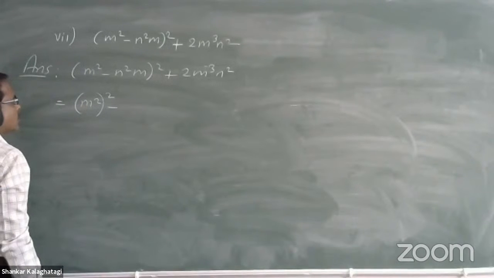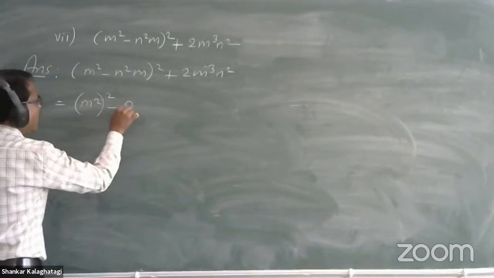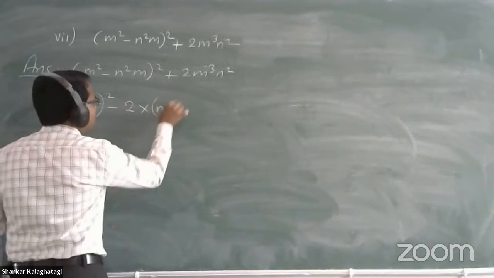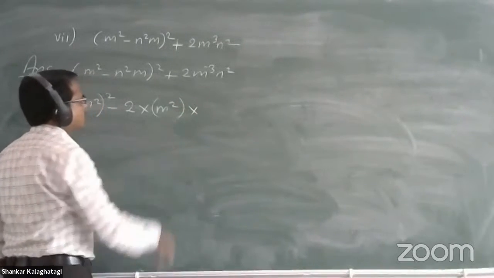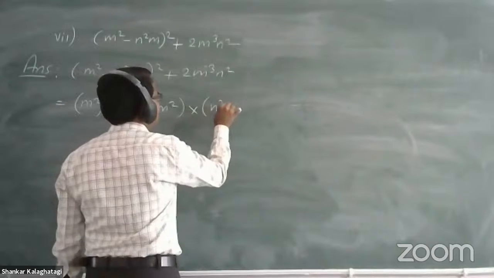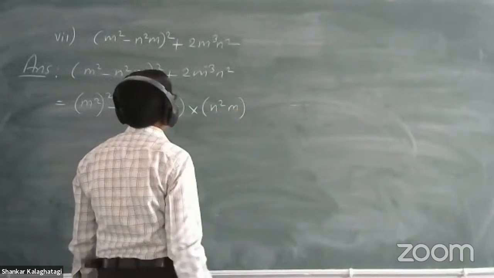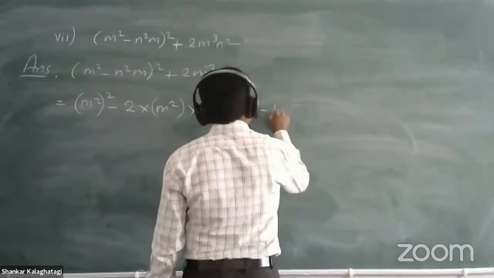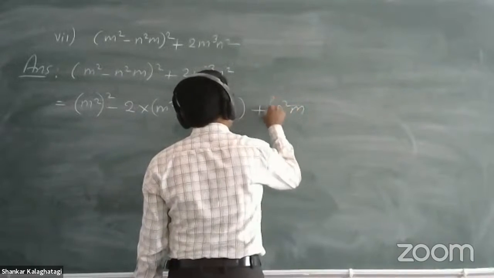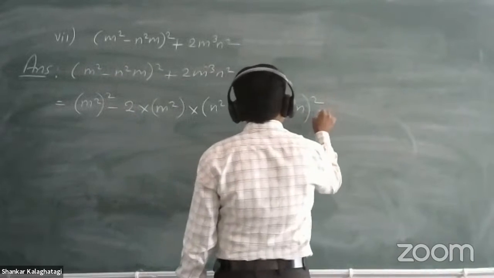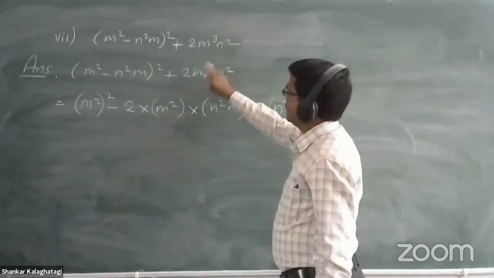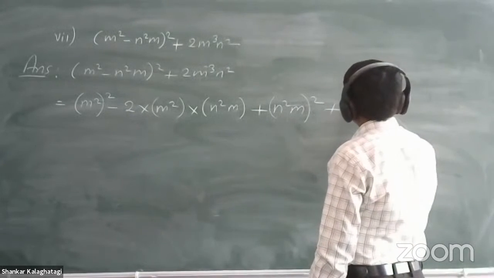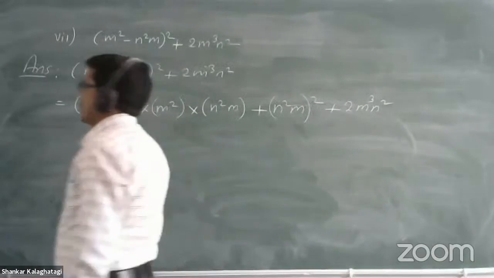Then 2 times m² times n²m, plus (n²m)². Then this one remaining plus 2m³n².